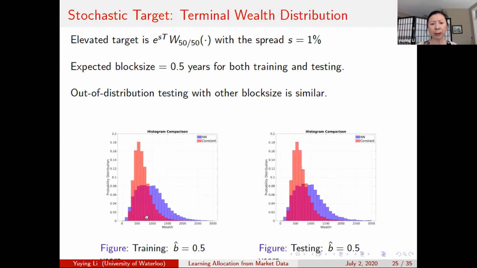Okay, this is training on the left histogram, and on the right is out of sample testing histogram performance. Okay, so what I want to point out is that, well, our optimal target outperforming strategy has a terminal wealth significantly more right skewed.